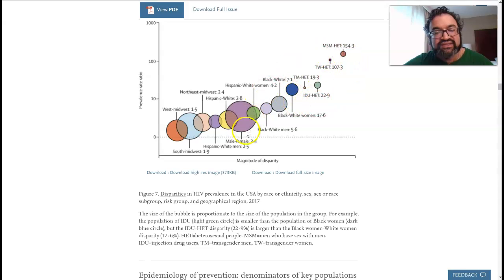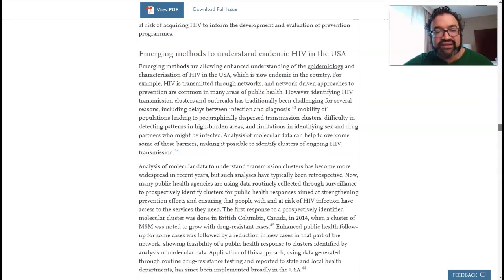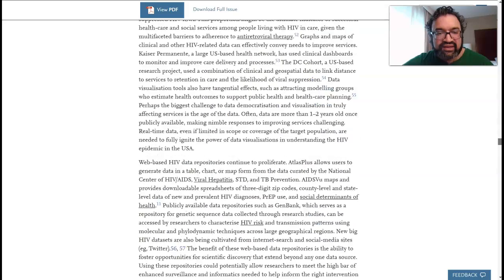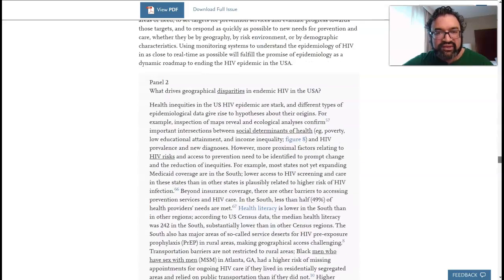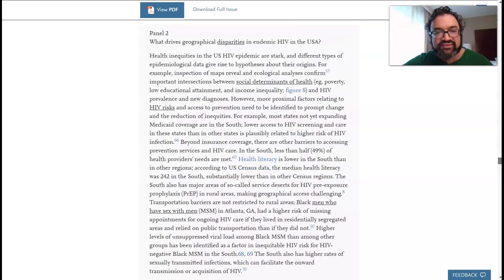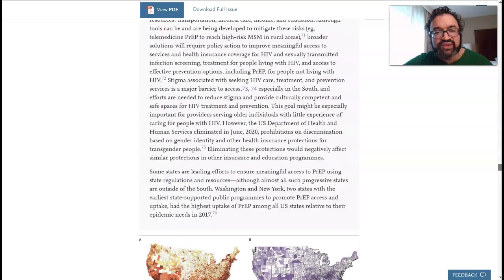So three things, and then the magnitude of disparity is provided. This is a pretty long explanation of disparities, but I encourage you to go through this because it goes into a lot of important points.